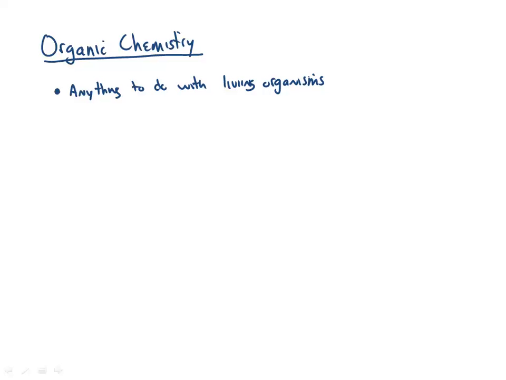And so the idea was that at one point they thought that there was some vital force or something that made living organic molecules different than inorganic molecules. So that's sort of in contrast to what we consider inorganic chemistry, which was considered chemistry of minerals, rocks, and non-living material.